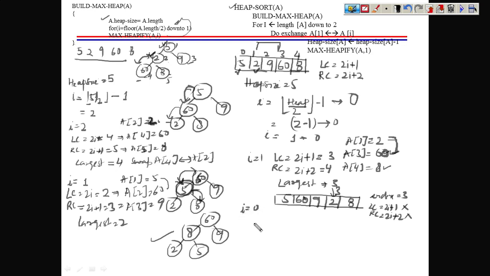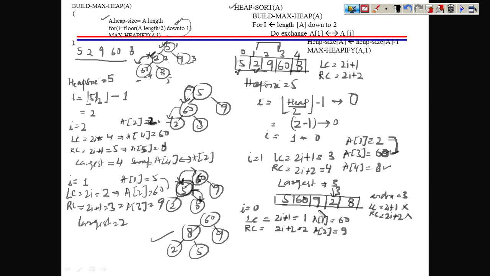When i equals 0, you will find the left child, 2i plus 1, which is index 1, so a of 1 is 60, and the right child, 2i plus 2, is index 2, and the value at index 2 is 9.